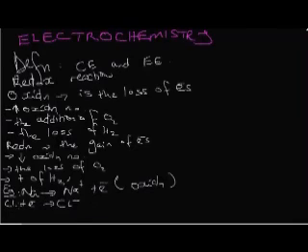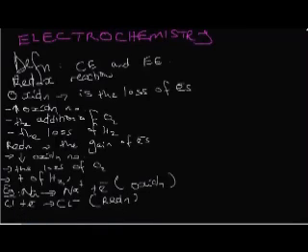Then again, the electron lost from the sodium atom is now gained by the chlorine atom, and in the process we form the chloride ion. So we see a decrease in the oxidation number of chlorine from 0 to -1, which is a reduction reaction.